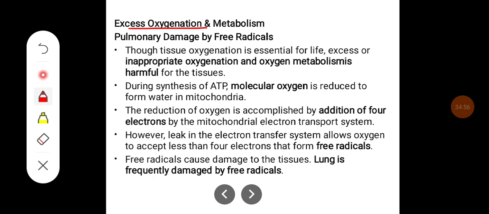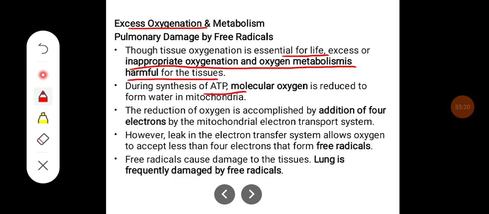Excess oxygenation and metabolism can also occur. Though tissue oxygenation is essential for life, excess or inappropriate oxygenation and oxygen metabolism is harmful for the tissues.